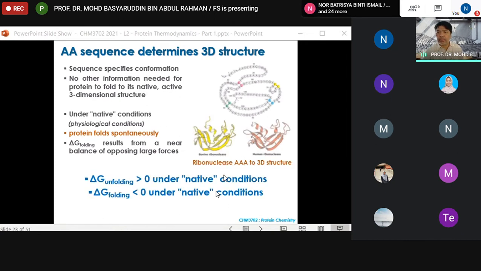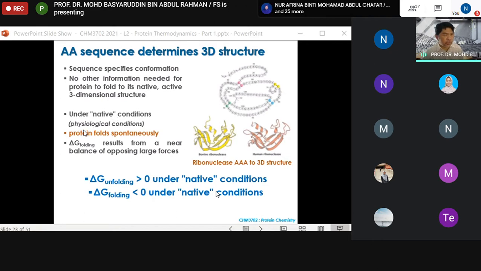For example, ribonuclease, from amino acid sequence to 3D structure. Now, when it folds, there is another important condition, the native condition, and this we refer to as the physiological condition.